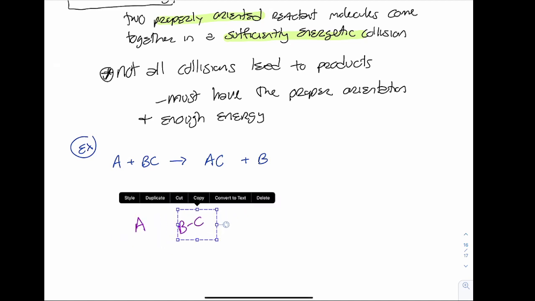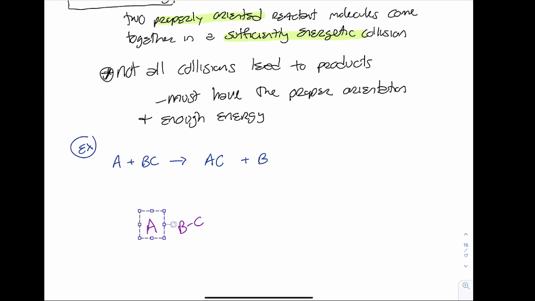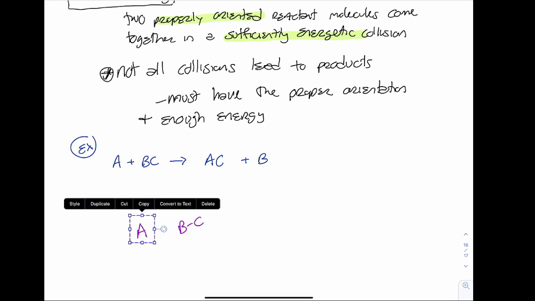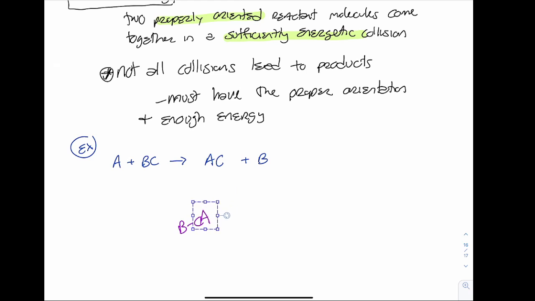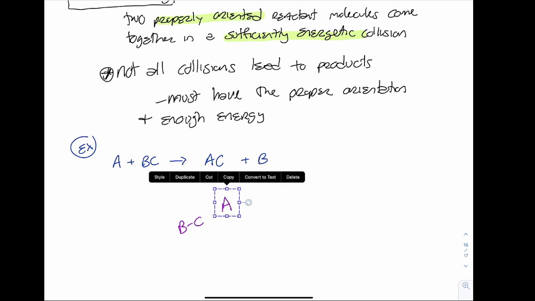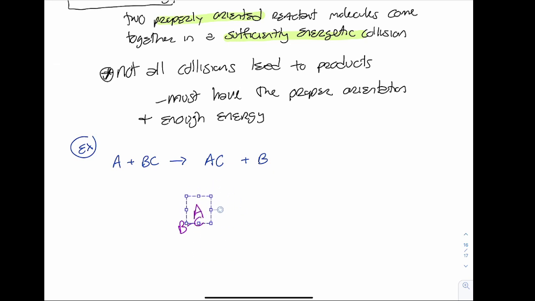I can only move one at a time, however, so I'm just going to move A and say they bang into each other here. No reaction, right? Because A is not going to bond with B. What I needed to do is I needed to collide over here, right? This would be the proper orientation. So A has to collide with C. It could collide here or here, but it needs to collide with C, not with B, right? If it collided with B, it would not have the proper orientation.